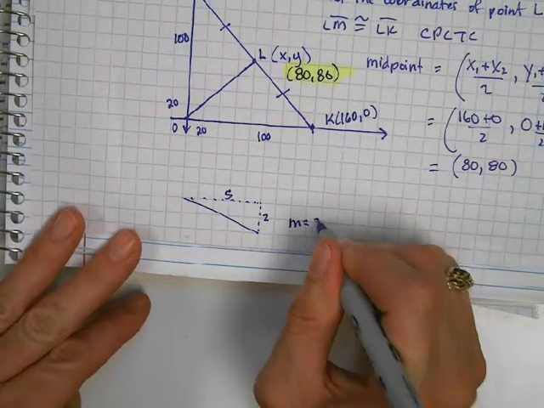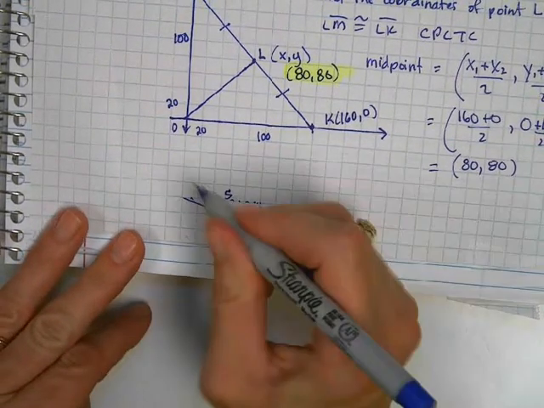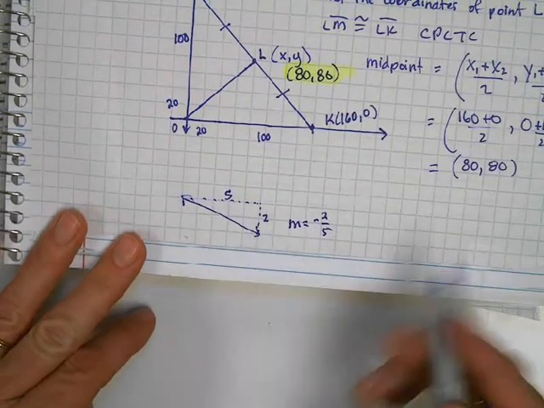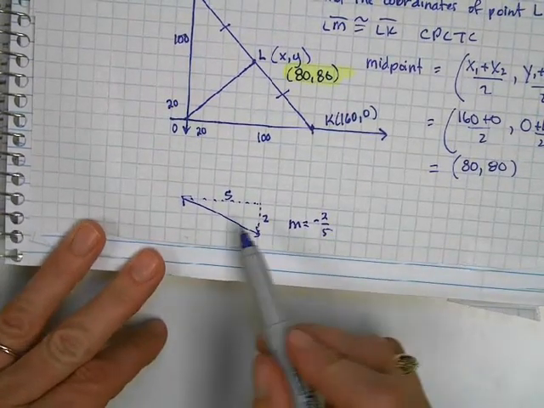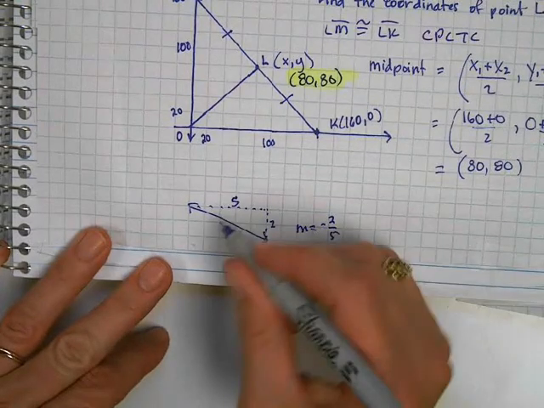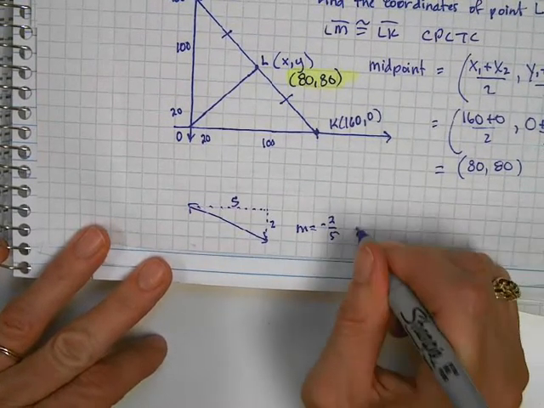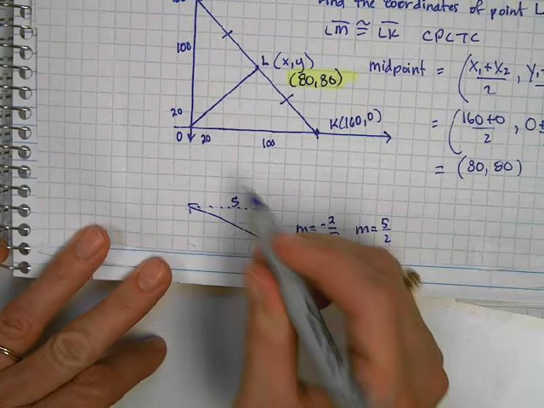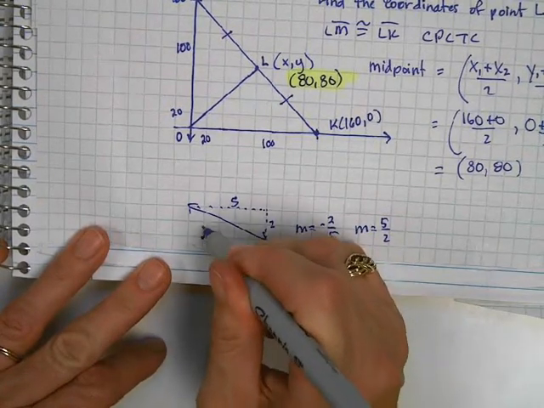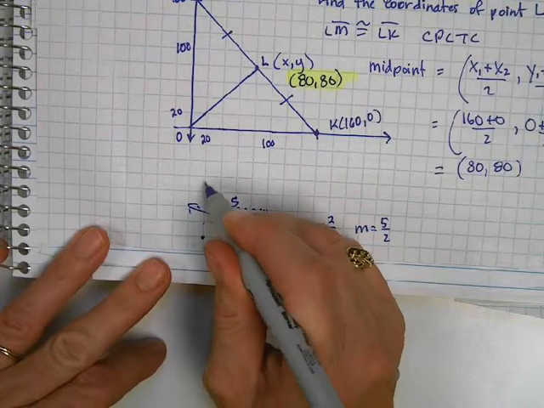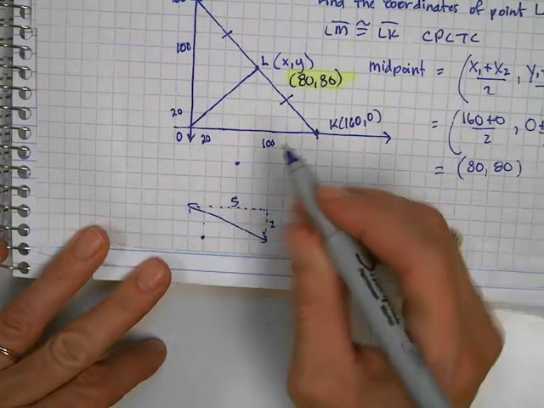So this has a slope of negative 2/5 because it's going up from left to right. In order to prove that I have a right angle here, I just need to prove that my other line has a slope of positive 5/2. So I might start here and go up 1, 2, 3, 4, 5 over 1, 2.